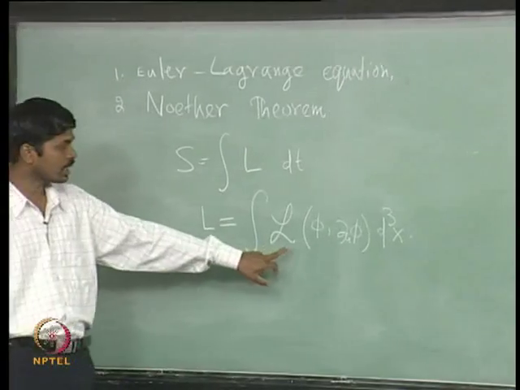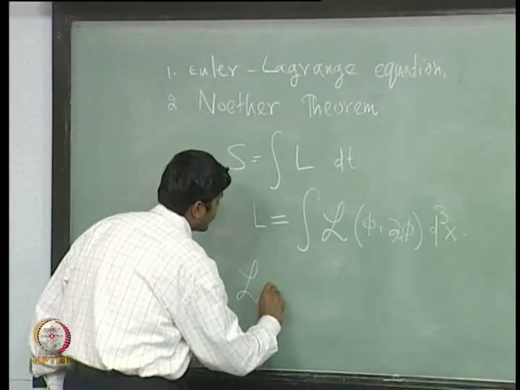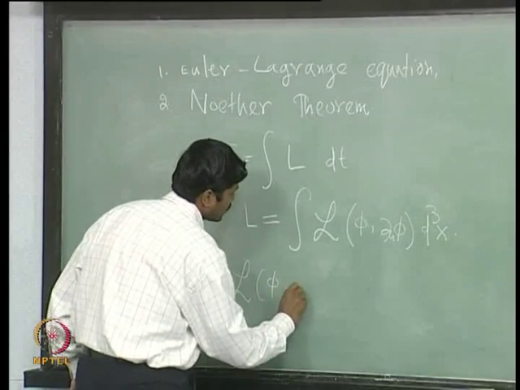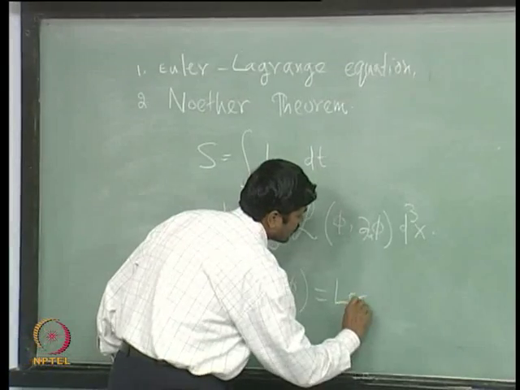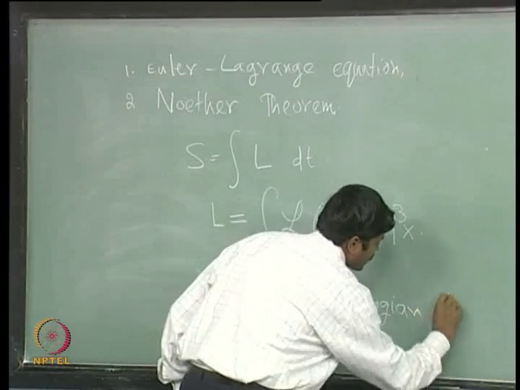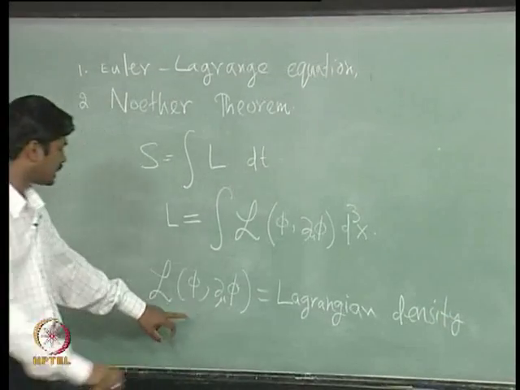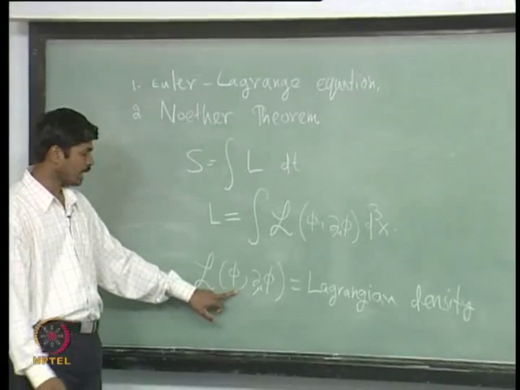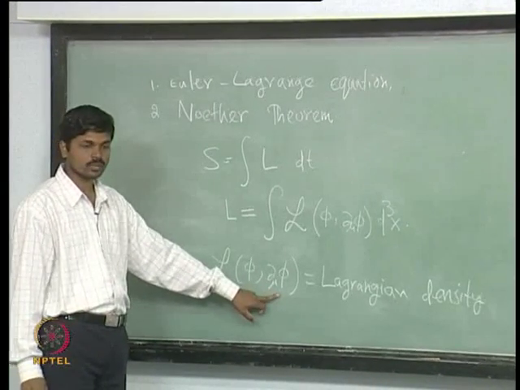Here this curly L is known as the Lagrangian density, L of phi, del mu phi, and it is a functional of the field phi and its derivative.